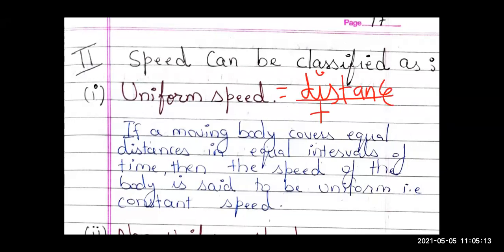So here what has to be equal? If the body is covering equal distance in equal time, then the speed of the body is said to be uniform, or you can say the speed is constant.